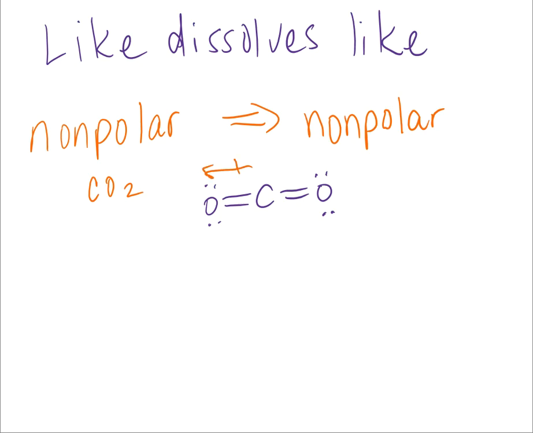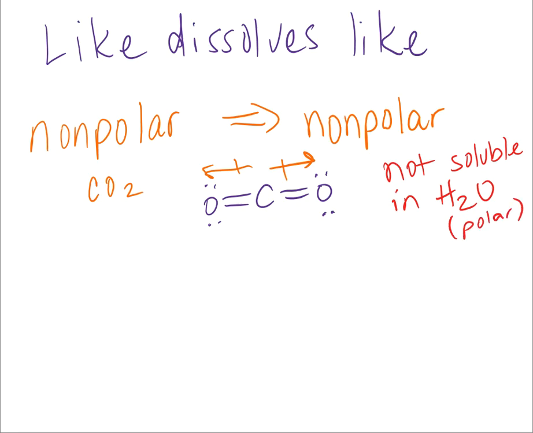So you have a dipole pointing to the left, the exact same dipole pointing in the opposite direction, so they cancel each other out, making this a nonpolar molecule. So carbon dioxide would not be soluble in water. The reason why is because water is highly polar.